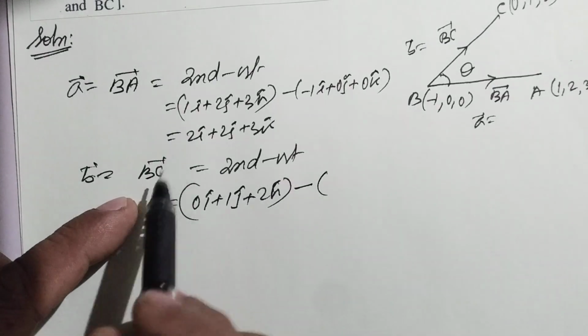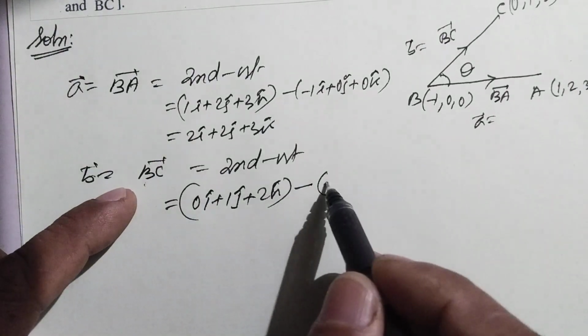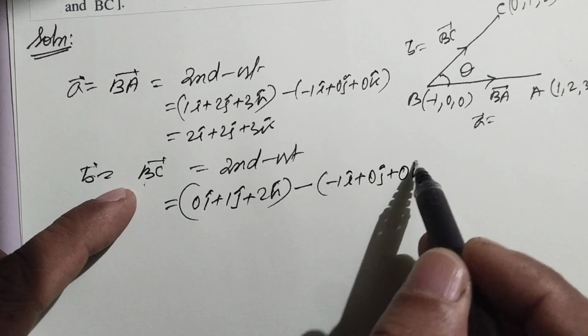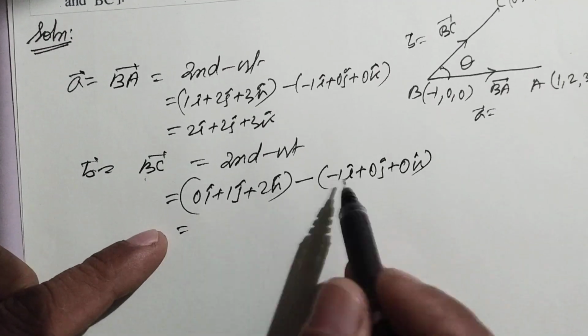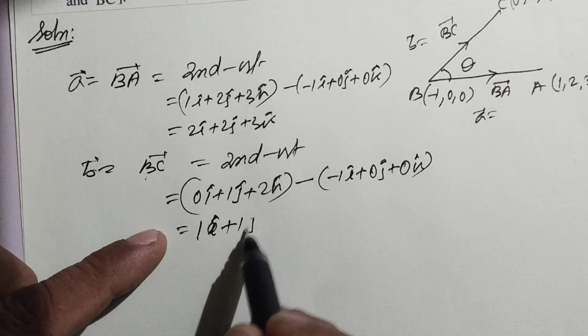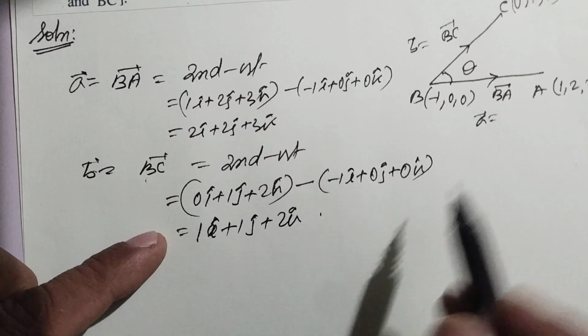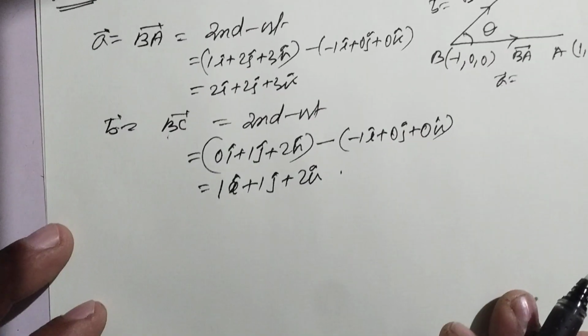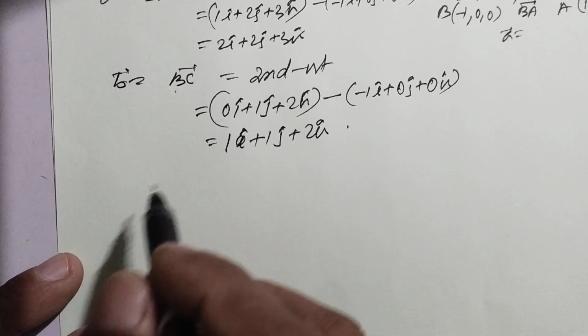Minus first, B is minus 1i, 0j, 0k. So it will be 1i, 1j, 2k. Now we are asked to find this angle between vector A and B. We got the vectors A and B.